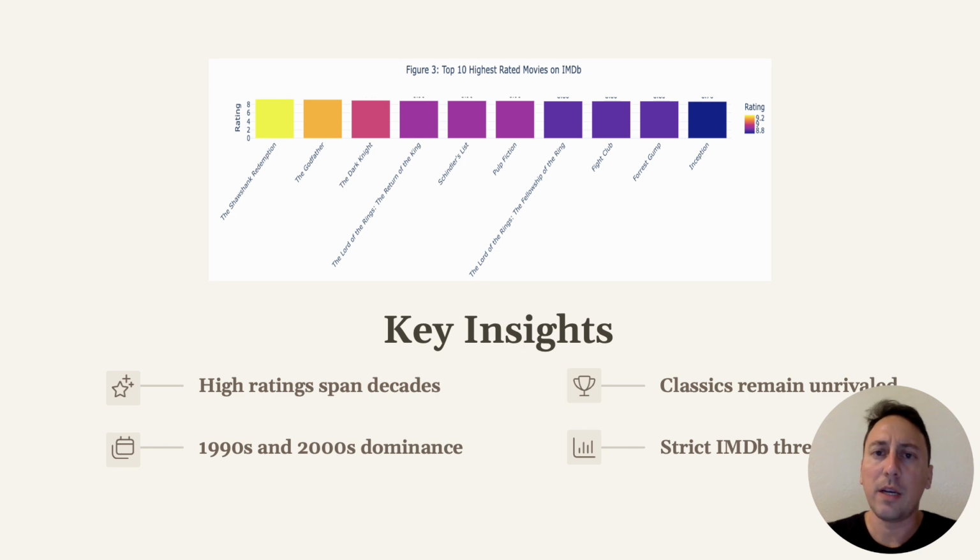Classic movies retain their strong reputation, illustrating the timeless power of great storytelling. Lastly, IMDb's ranking ensures that only movies with widespread and consistent approval make it onto the top 250 list, which helps preserve the list's credibility.